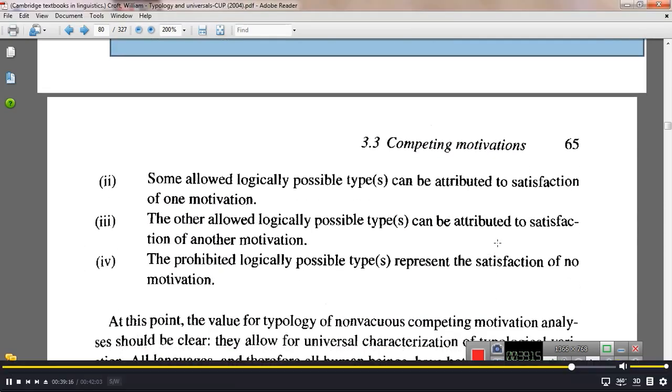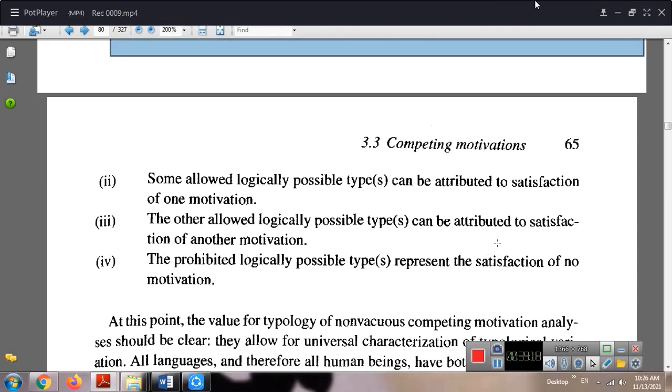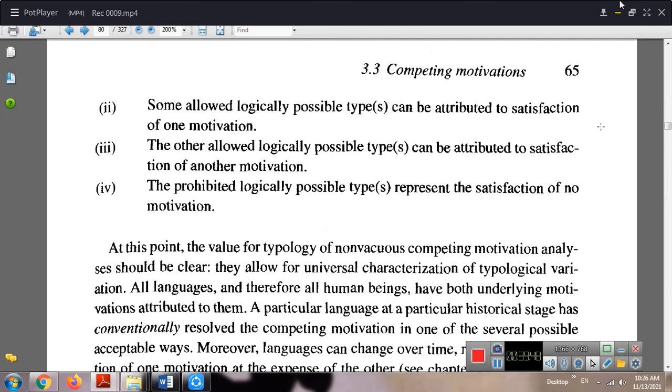Some allowed logically possible types can be attributed to satisfaction of one motivation. The other allowed logically possible types can be attributed to satisfaction of another motivation. The prohibited logically possible type represents the satisfaction of no motivation. You should know these four laws about competing motivation.